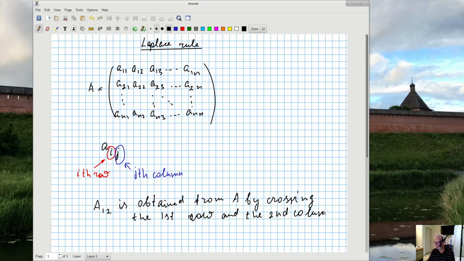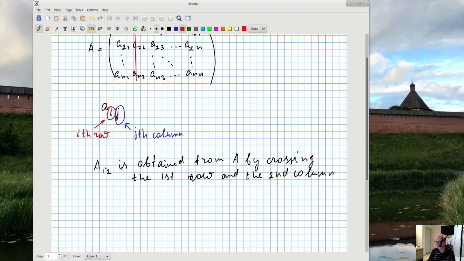Whatever is left will be matrix A_1,2. So for A_1,2, I cross out the first row and I cross out the second column. Whatever is left is A_1,2.